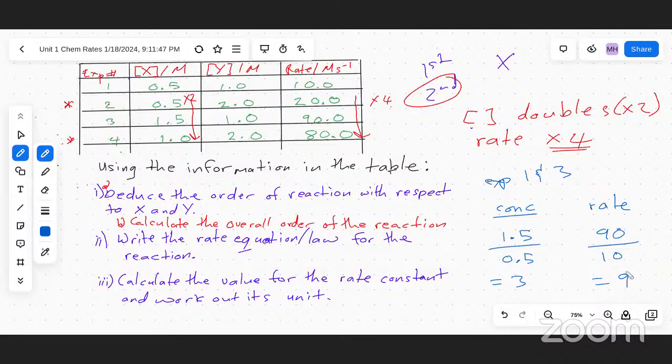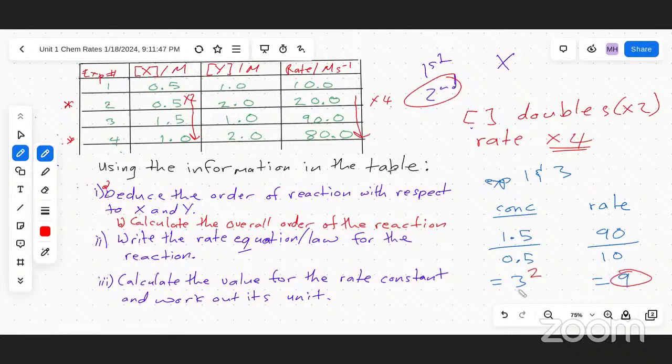I remember we said the rate is proportional to the square of the concentration. So if you square whatever we did to the concentration, the rate should be proportional. We tripled the concentration, and 3 squared is equal to 9.